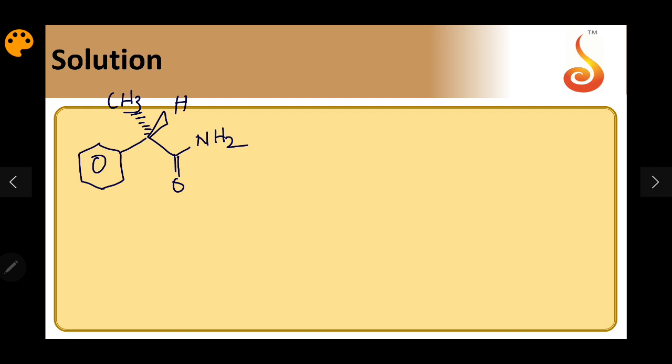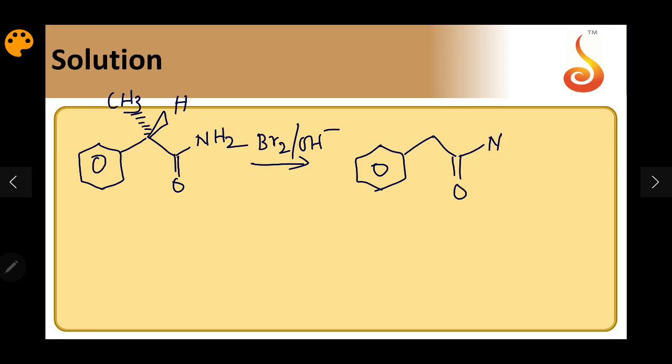So when you react with Br2, NaOH, Hofmann bromamide reaction, you will get the intermediate NHBr, and the intermediate you are going to get like this: benzene, this is the intermediate that I'll get.